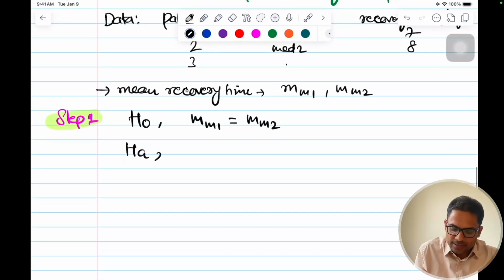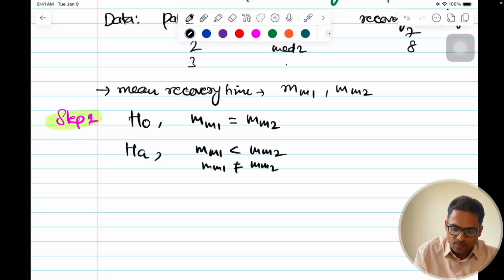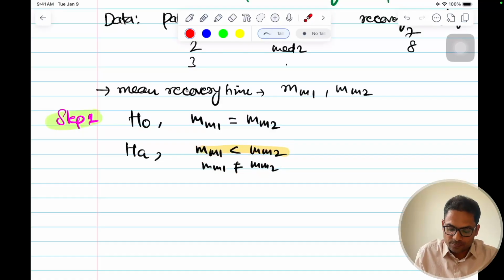The alternate hypothesis is that no, both are not the same, and I'm claiming that the mean recovery time of medicine 1 is less than the mean recovery time of medicine 2. That's my claim. It can also be the other way around, or it can be that both are not equal, but for now we'll go with this one first. It's easier to understand. Not equal to is even more complicated.